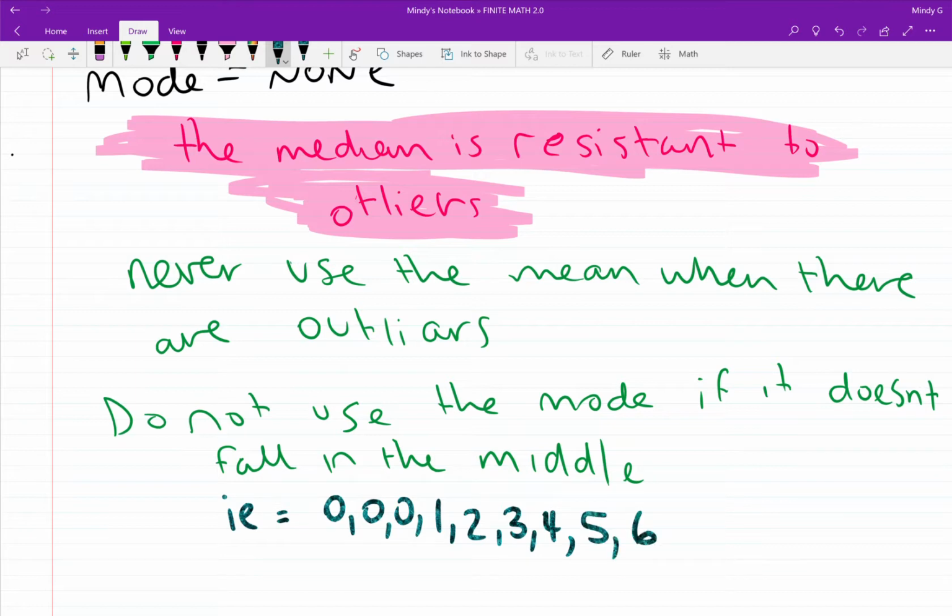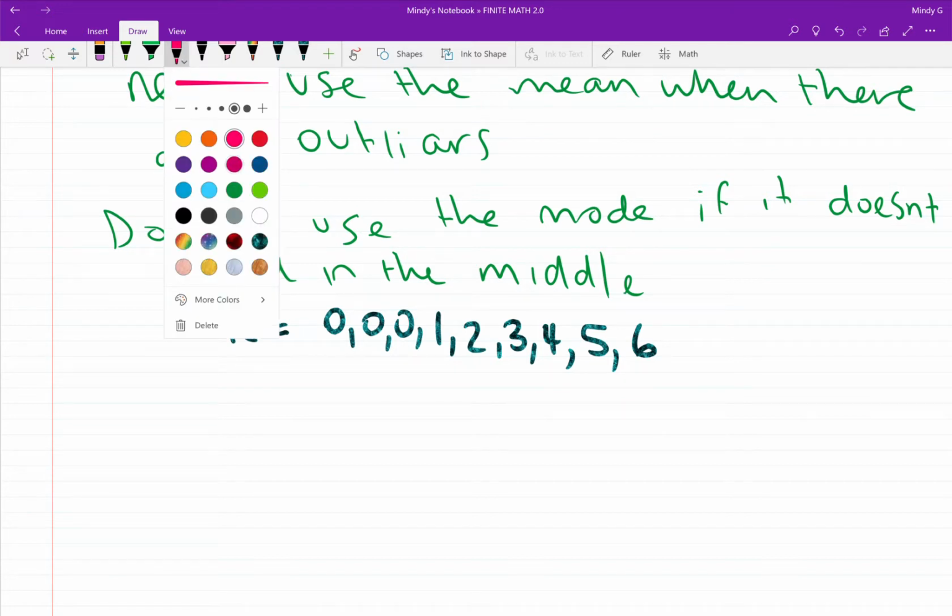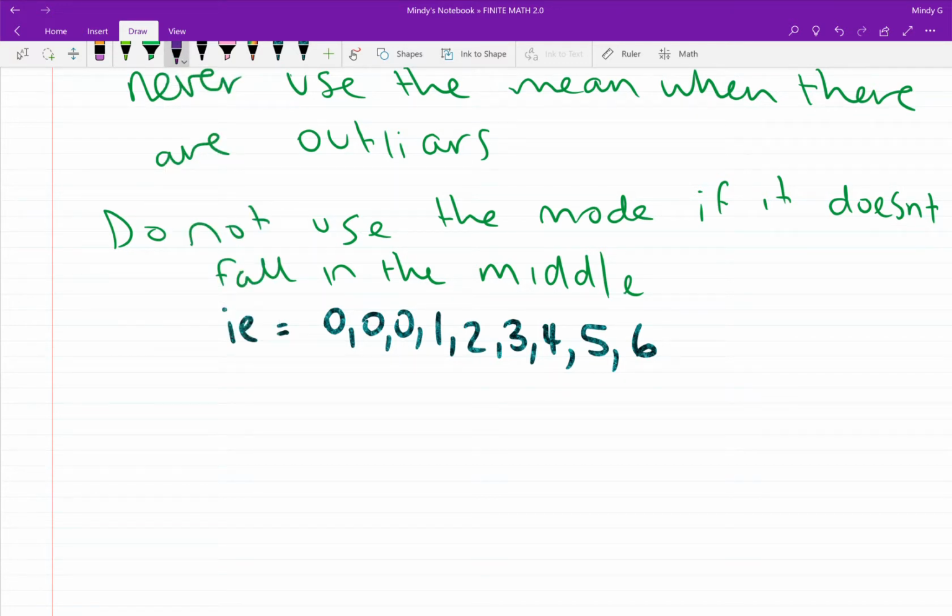Think of them on a number line. Where does your weight fall? Around here, right? 4, 5, 6. This is the center. The mode is 0. Is 0 an accurate reflection of what's going on? No. Even though it occurred 3 times, I wouldn't use the mode to describe this set of data.